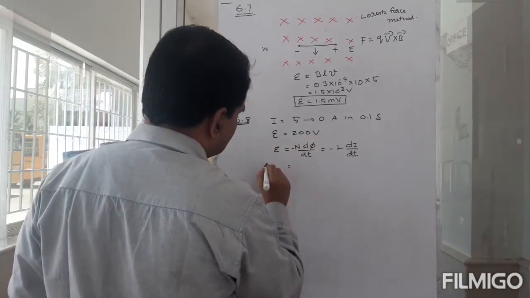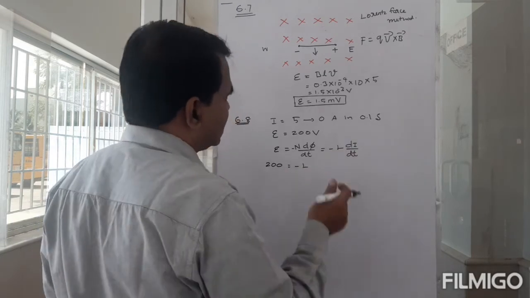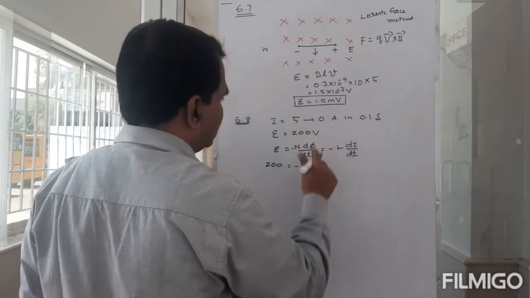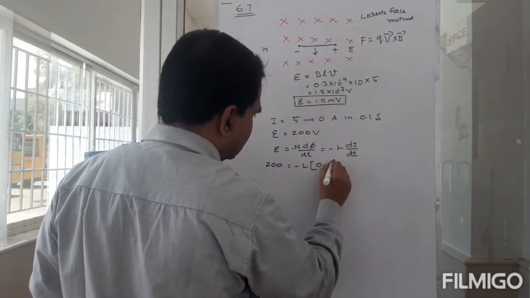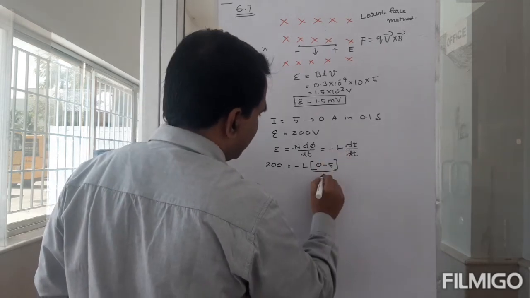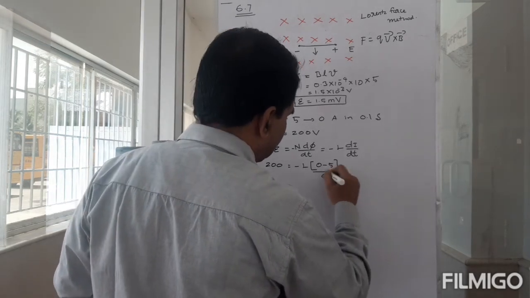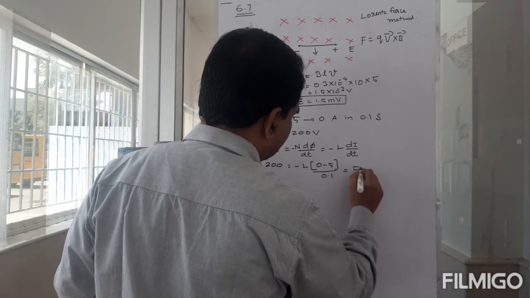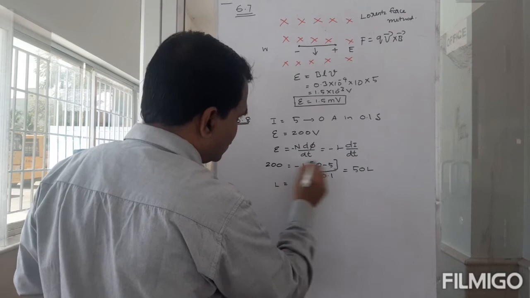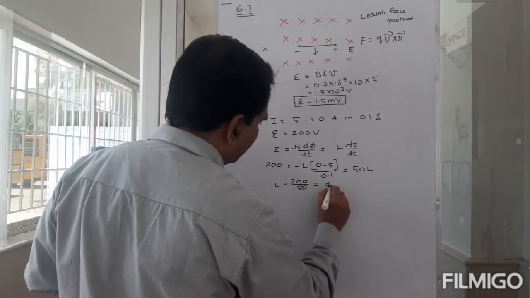So this is 200 volts, and is equal to L di. How much has it changed? It has changed from 5 to 0. So your final is 0, initial is 5, divided by what time has it taken? It has taken 0.1 seconds. So that gives you 5 by 0.1, which will be 50 L. So L is going to be equal to 200 by 50, which is 4 Henry.